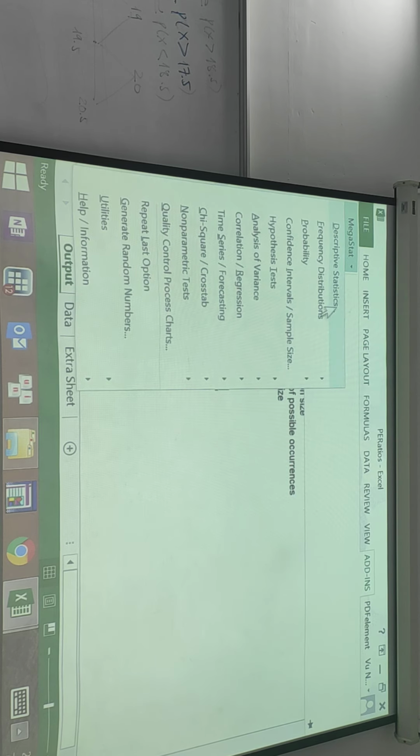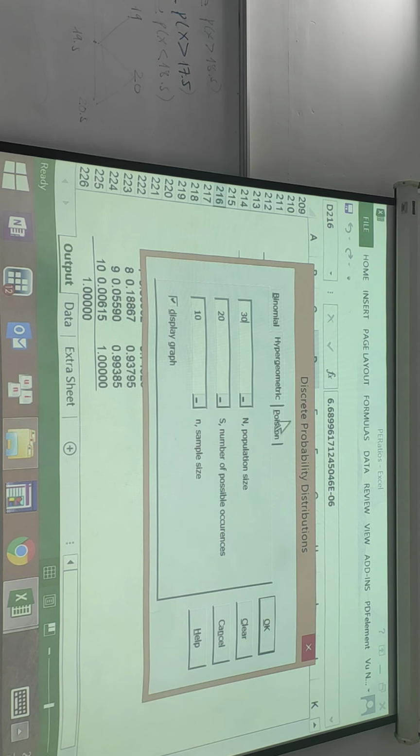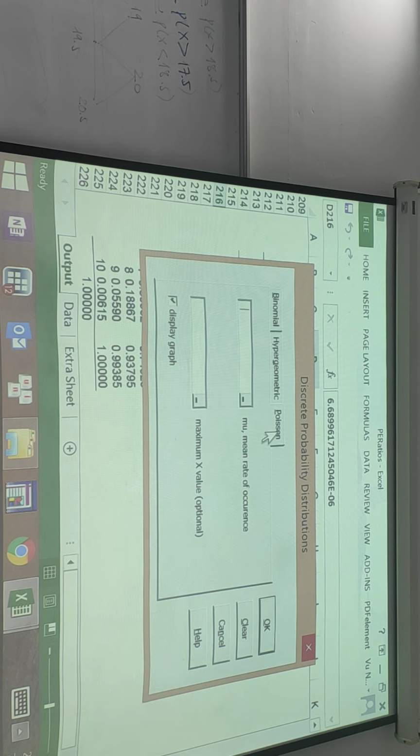Now the last discrete distribution is the Poisson. Let's say on average you receive 25 phone calls a day.